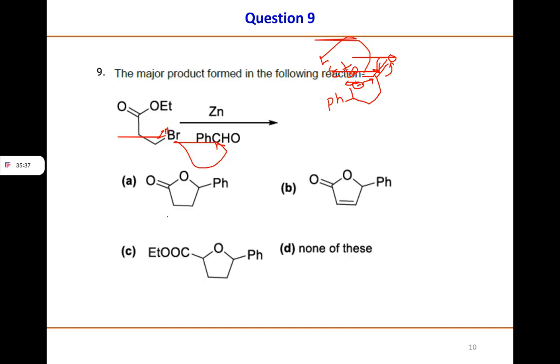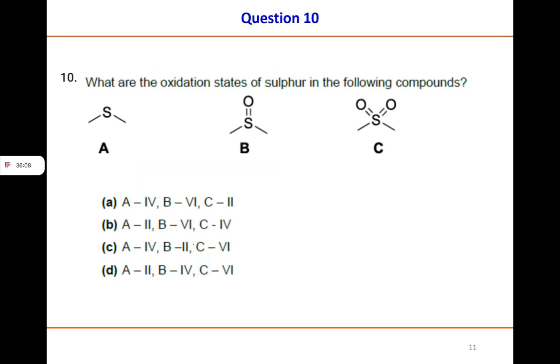In this case, the correct answer according to this mechanism is option number A. Why is option B not correct? Because this double bond is not there in the product. And talking about option C, this ester group will not remain as it is, it will get knocked out. So that's why the correct answer is option number A.